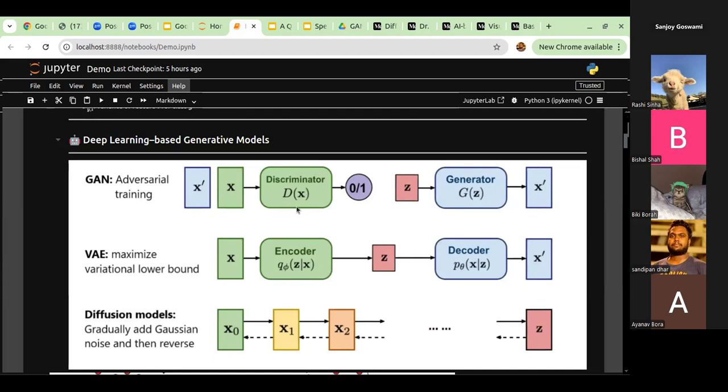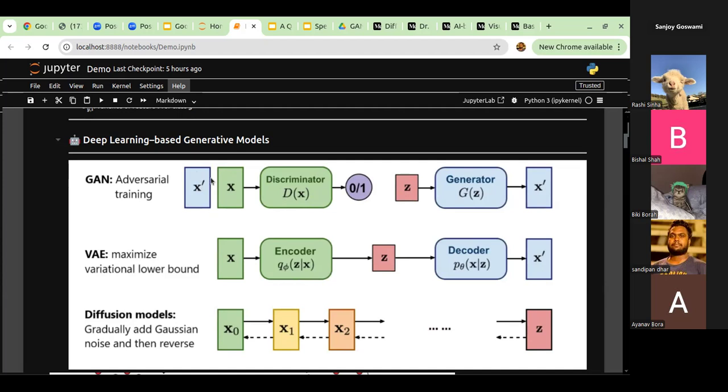This is called the discriminator. What does the discriminator do? It is like a supervisor who checks whether the image you have generated and the actual image look similar or not.